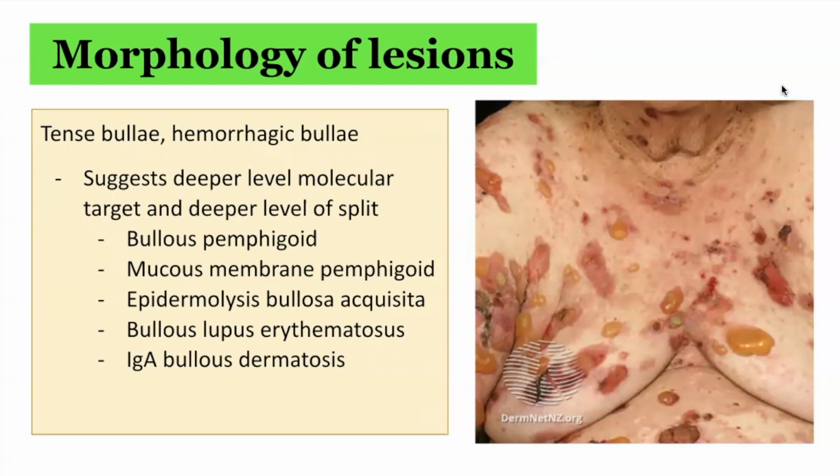So if a case presents with tense bullae or hemorrhagic bullae, one must consider more deeply targeted blistering disorders, such as the subepidermal or dermal epidermal junction blistering disorders. And this includes bullous pemphigoid, mucous membrane pemphigoid, epidermolysis bullosa acquisita, bullous lupus erythematosus, as well as IgA bullous dermatosis.